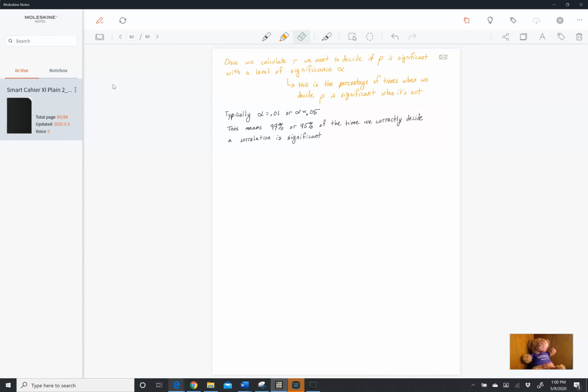Okay, so we use the absolute value of R to do this. And we also use, it's called the Pearson critical value chart. So this is what it looks like.